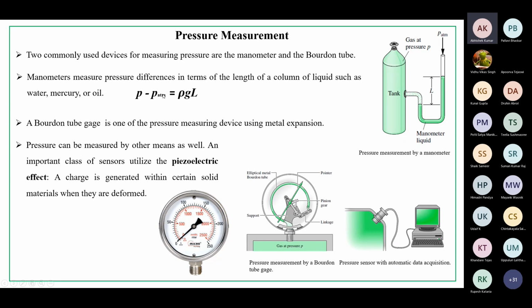If I change this liquid, earlier it was mercury, and pour another fluid which has half of its density, then this column length will increase, because this side is 5 units, so this should be double. That is why we use whatever high density liquid is possible.